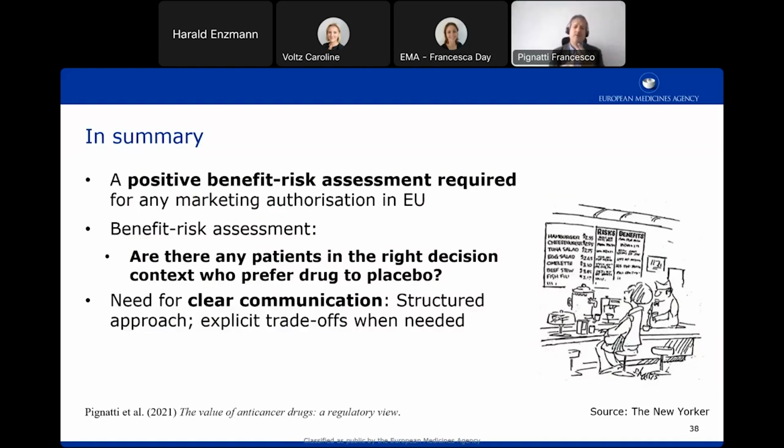And lastly, clear communication, not just for being accountable for reasonable decisions and so on, but also to communicate to the other users, the other decision makers in the health system, what was the regulatory assessment that led to a positive benefit-risk decision. And with this, I conclude.